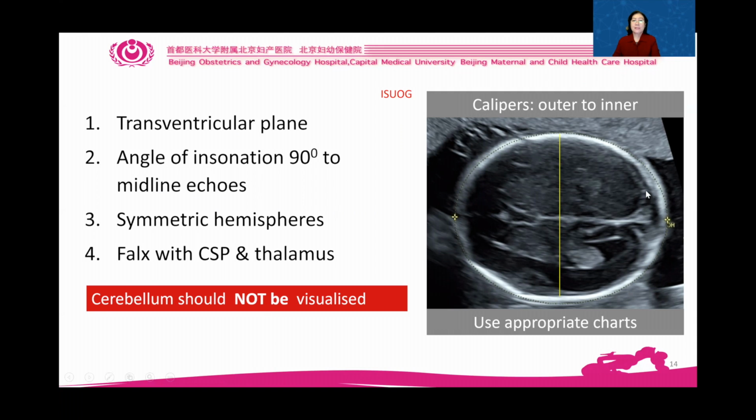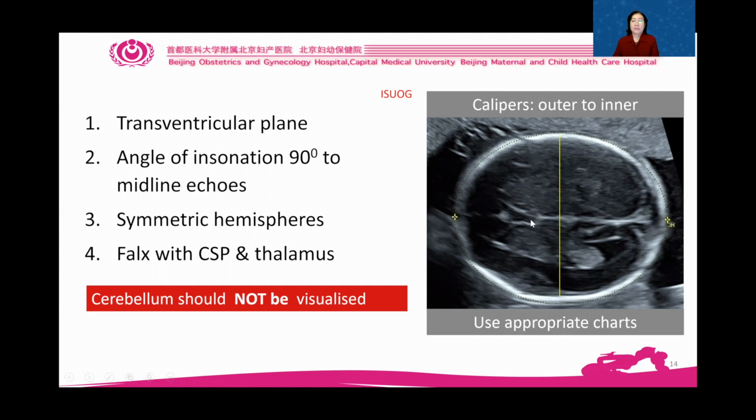This plane is the transventricular plane. Calipers are outer to inner. This is standard. Angle of inclination is 19 degrees to the midline. We can get the pictures and should see symmetric hemispheres and the midline here.